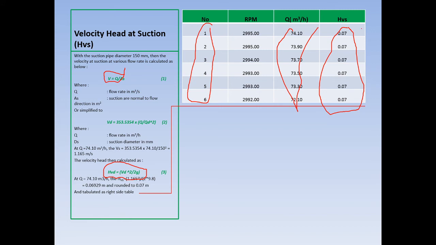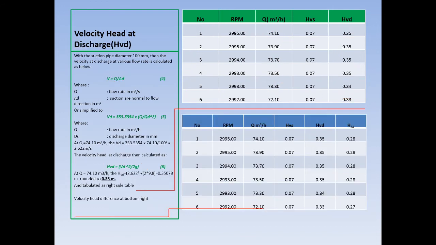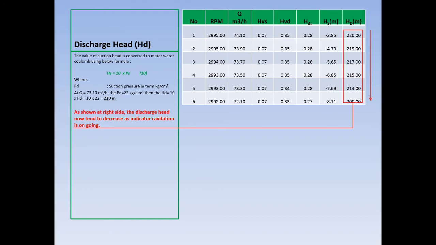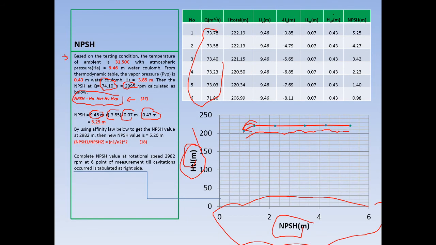You record everything, 6 data, and on what point, and you have flow capacity here, and the head of velocity suction, and etc. And then you calculate suction head and etc. and discharge head, and then we finally go to NPSH definition.